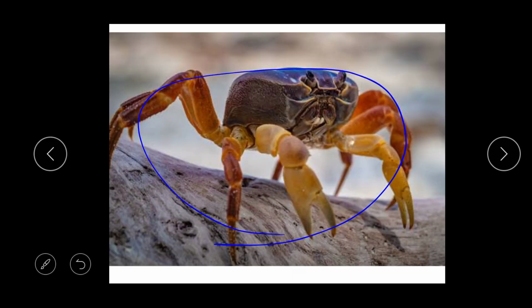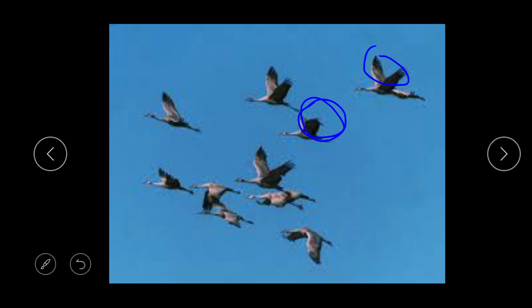Animals can crawl, for example a crab, and you crawl with legs, dragging your body close to the ground. Animals can also fly, for example birds, and when you fly, you move in the air using your wings.